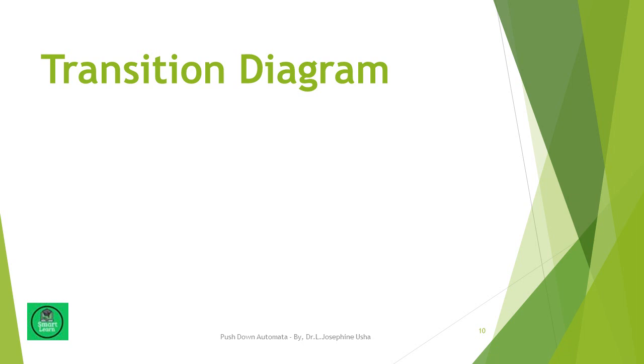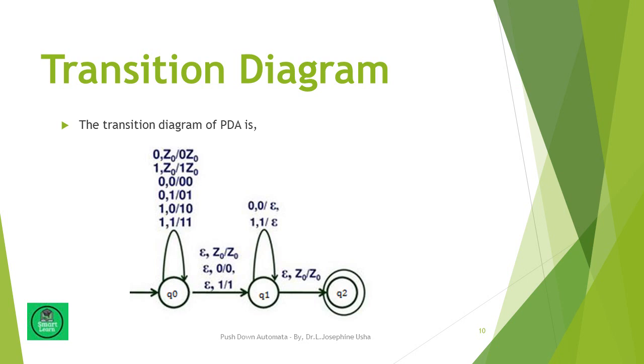Next we see the transition diagram of a pushdown automata. In the previous example we have three states, Q0, Q1 and Q2.